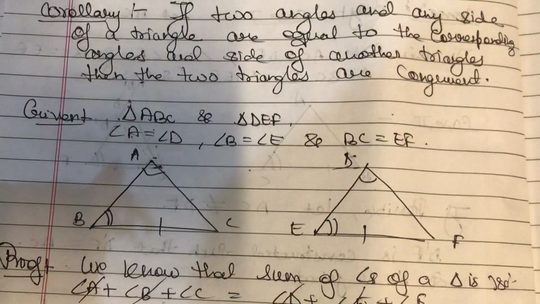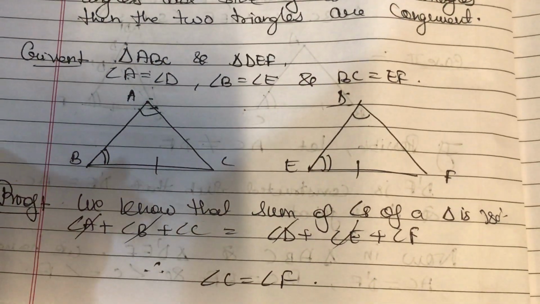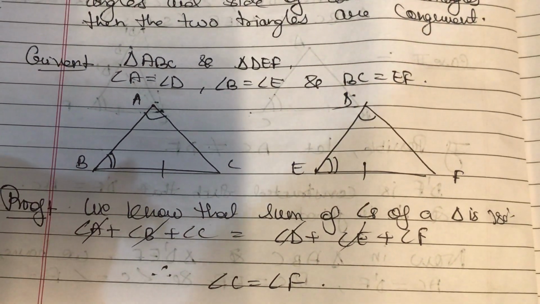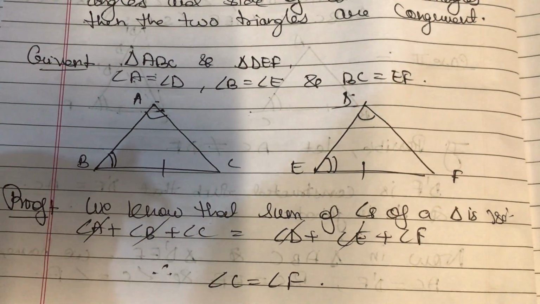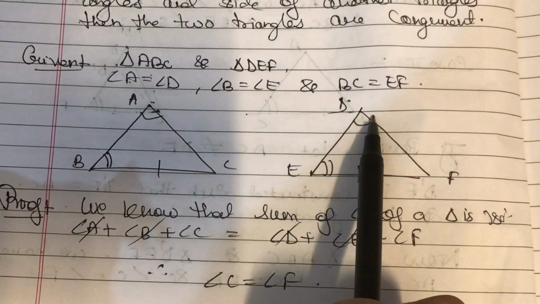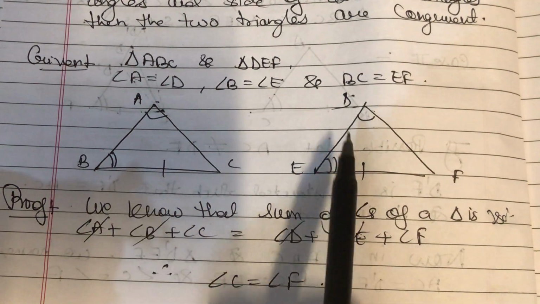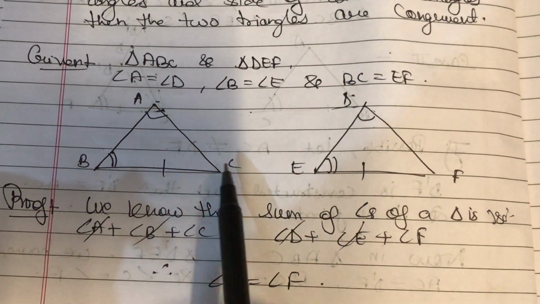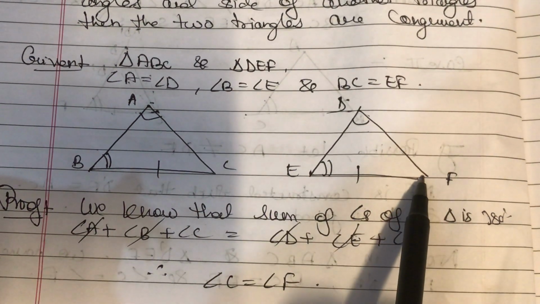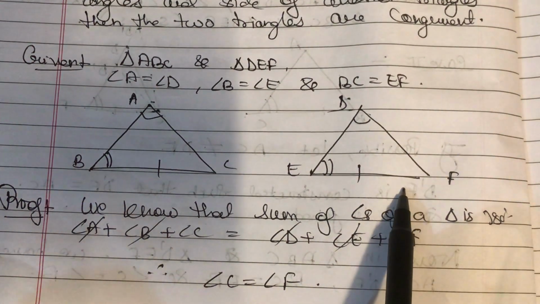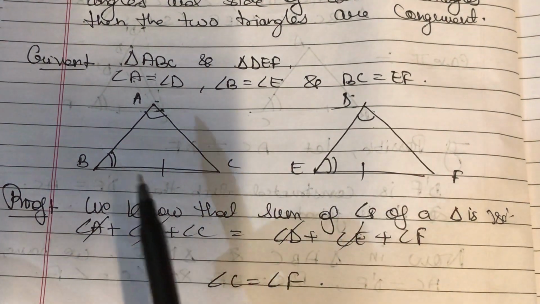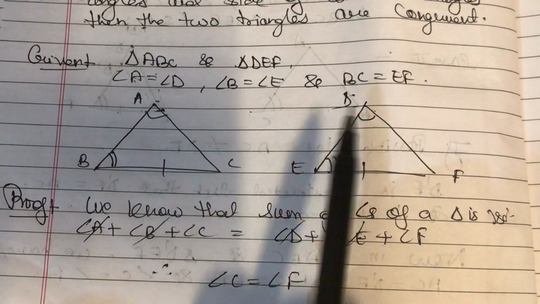Please do not forget about the sequence, angle, angle, side. Now over here it is given that in triangle ABC and in triangle DEF, angle A is equal to angle D, angle B is equal to angle E, and the side BC is equal to EF, right? I have to prove they are congruent.